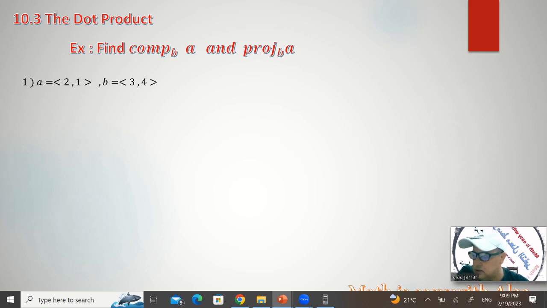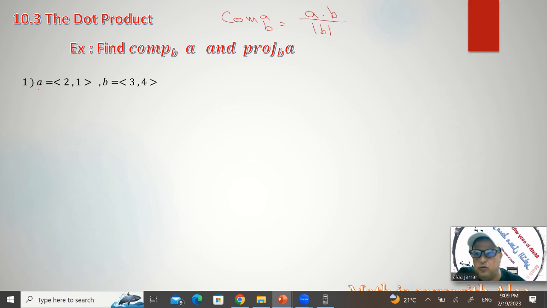The component of A along B equals A dot B over the magnitude of B.